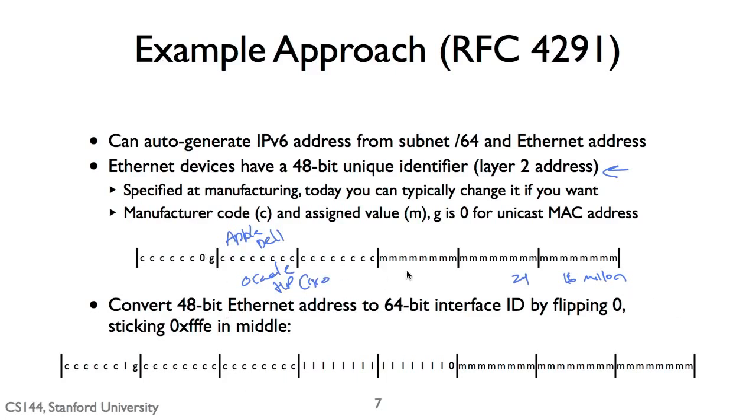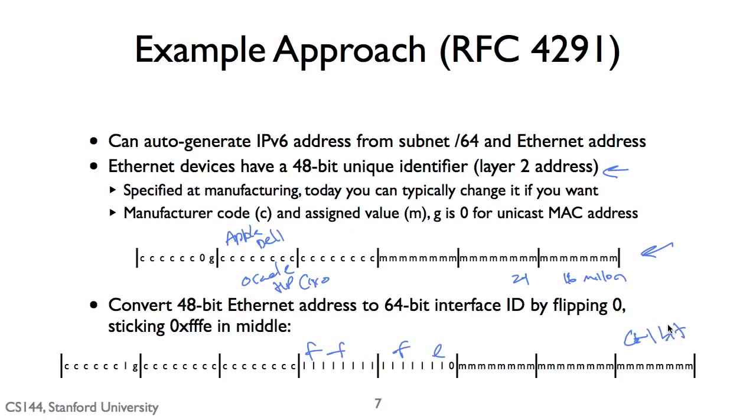And so what you do is you take this 48-bit Ethernet unique identifier and perform a transformation. You flip the bit, and you add FFFE into the middle, and you can then get a 64-bit identifier.